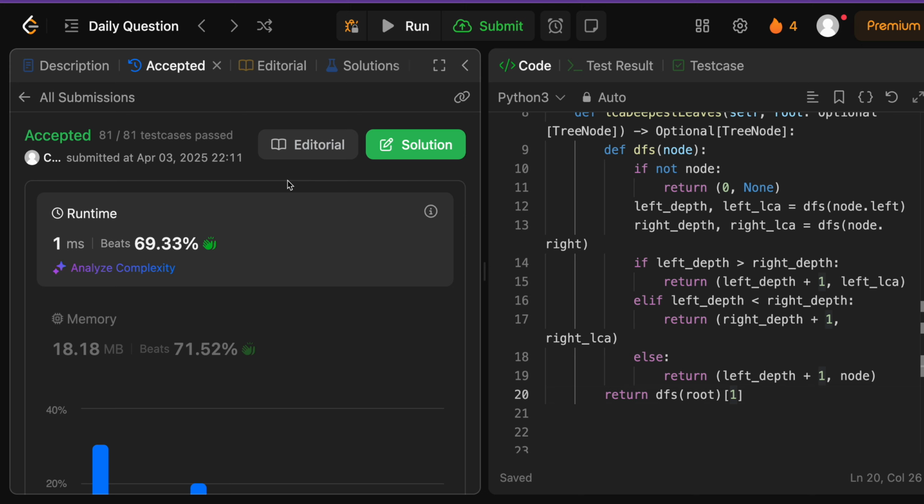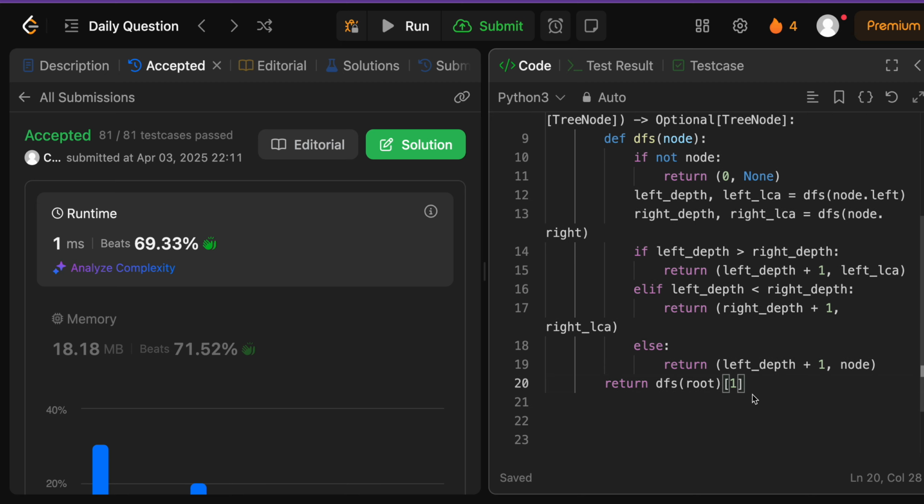But if the depths are equal, then of course we know that the current node itself is going to be the LCA. Otherwise, we simply return the LCA from the deeper subtree, and this final call, DFS at root, is going to be the lowest common ancestor of the deepest leaves starting from a recursion from the root node, and we're returning that answer at index 1 because we only want to return the node itself, i.e. the LCA. We don't want to return its depth, right? That's going to give us the LCA of the deepest leaves.